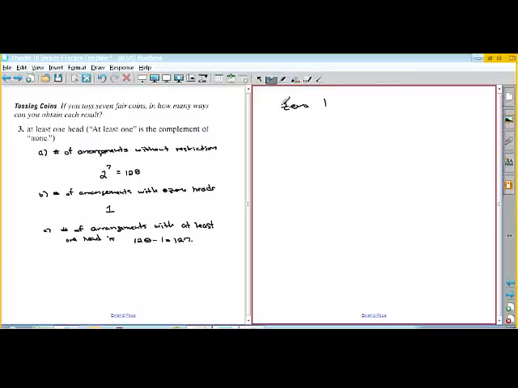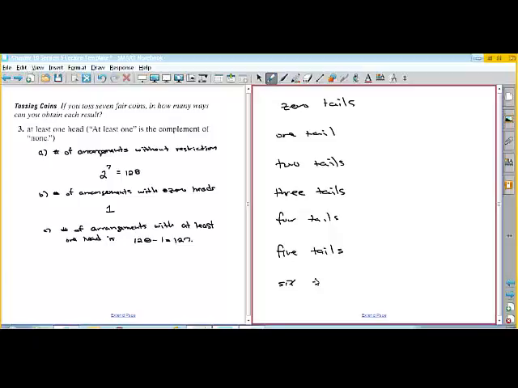So let's use something we just learned in the previous section. Let's say 0 tails, 1 tail, 2 tails, 3 tails. These are all my options. If I flip a coin 7 times, 4 tails, 5 tails, 6 tails, 7 tails.